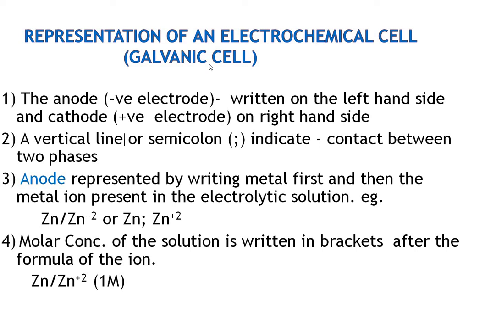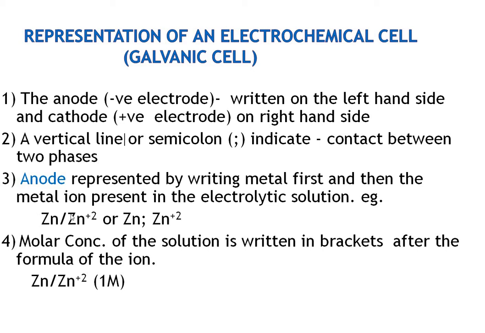How do we represent these electrochemical or galvanic cells? In the galvanic cell, the anode will be the negative electrode and it will be written on the left hand side, and the cathode will be written on the right hand side and it will be the positive electrode. A vertical line or semicolon will indicate the contact between the two phases.